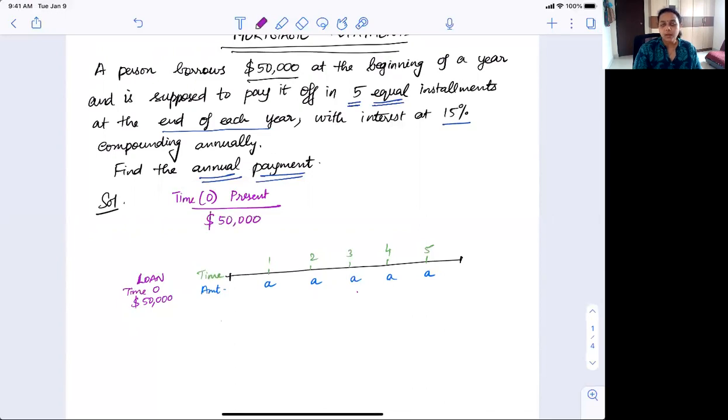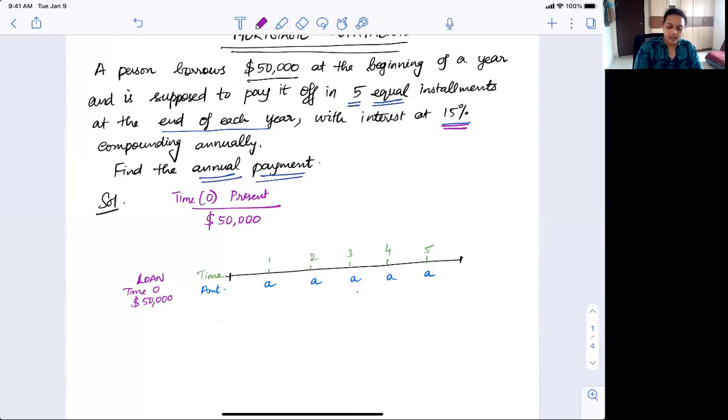And this loan has to be repaid in 5 years. It's just that the repayment scheme is such that you pay it off in 5 installments. But we're told that it compounds at 15% every year. So can we calculate the final amount that is owed to the lender at the end of 5 years?